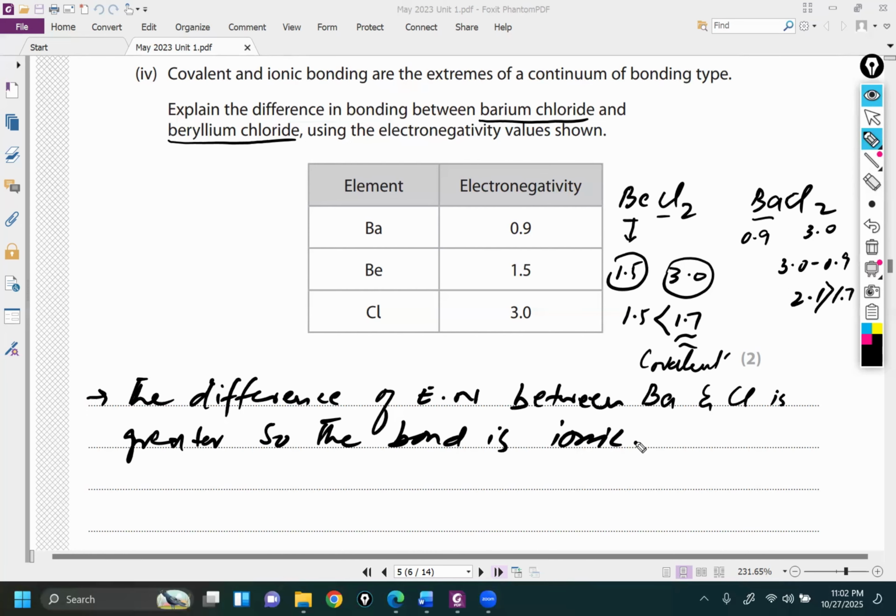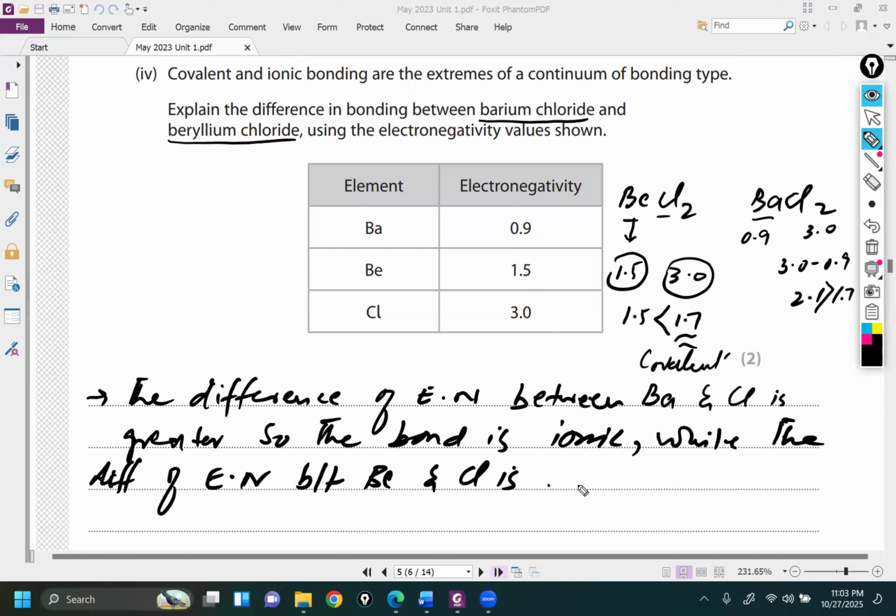While the difference of electronegativity between beryllium and chlorine is low, so it is covalent. It's a common point.